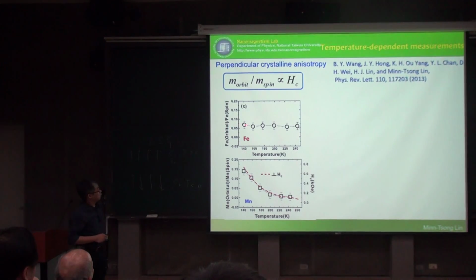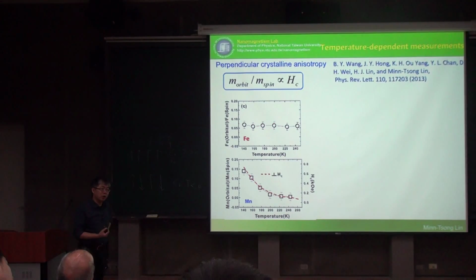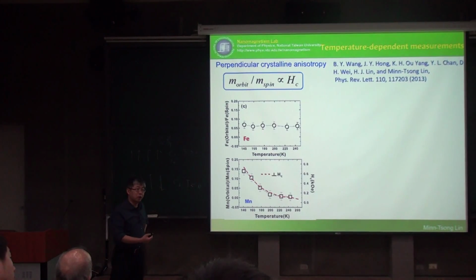So I emphasize again, we can measure the orbital moment from the iron film and from the magnetic field. Actually, it is very difficult to measure this part because the signal is very small. We can see here that with increasing temperature, the iron film remains the same. The orbital moment remains the same, so that means the anisotropy should be almost the same.